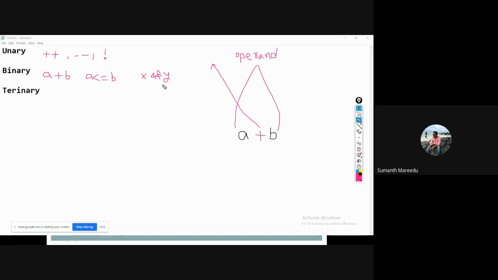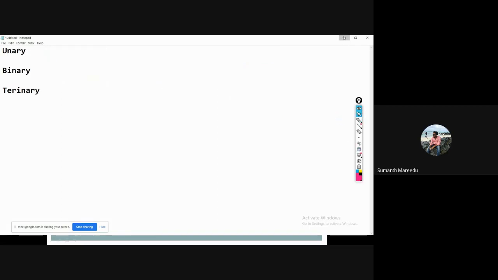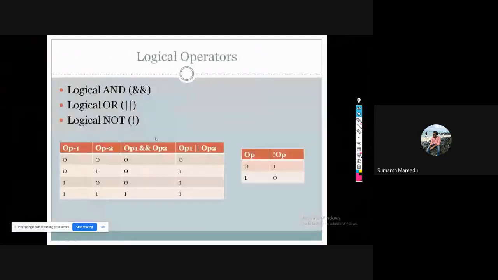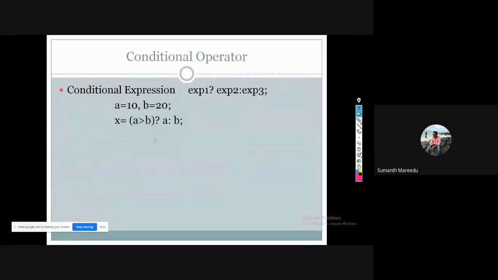And the next one is the ternary operator. To apply this operator, you require three operands. The conditional operator, which we are going to discuss now, is an example of a ternary operator.